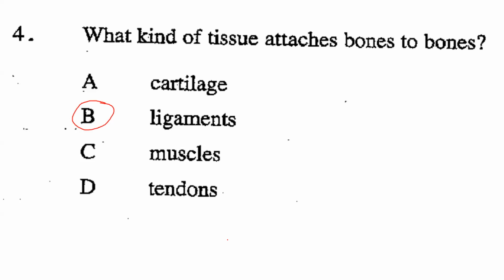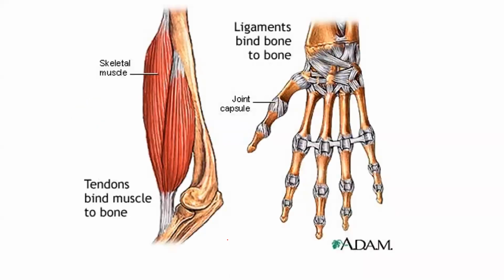So here we have an image. Let me know if you can see it. Can you see the image? Yes, sir. Okay, good. Let's look at the one on the right-hand side. So this right here is a bone. Where's this bone found?